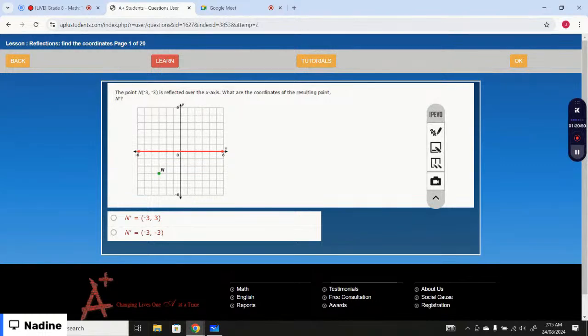The point N (negative 3, negative 3) is reflected over the x-axis. What are the coordinates of the resulting point N dash? So which is the correct option? Here is the given point, negative 3 and negative 3. You have to plot the reflected image along the x-axis.